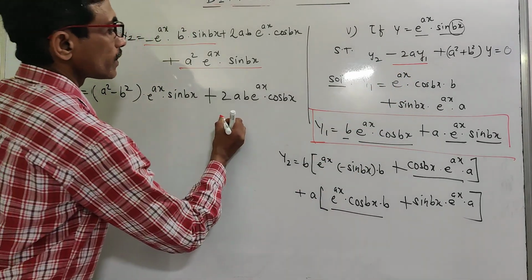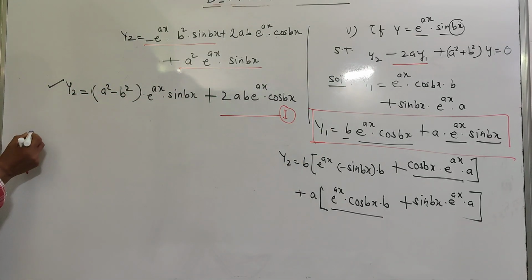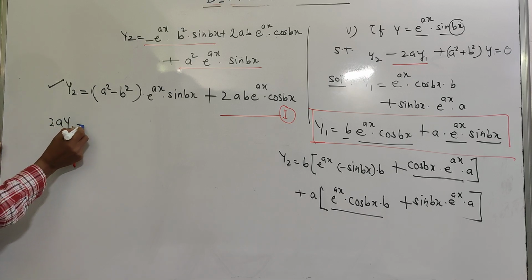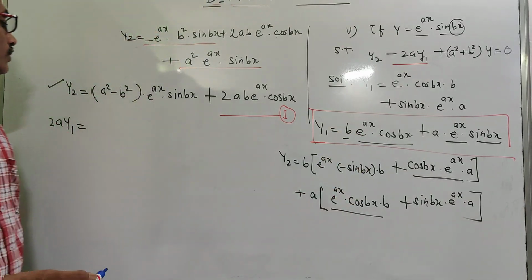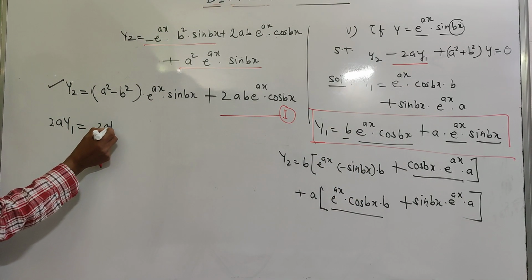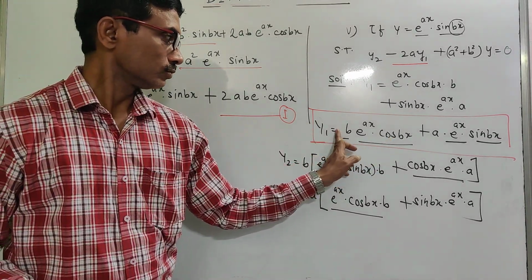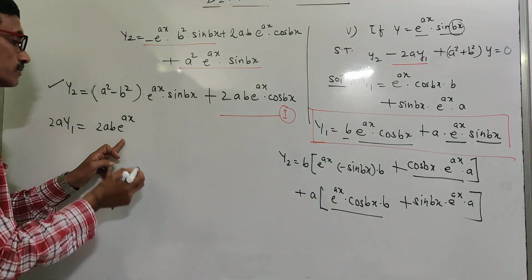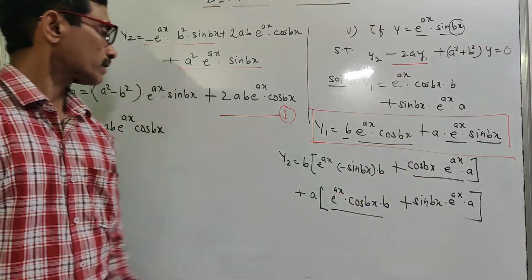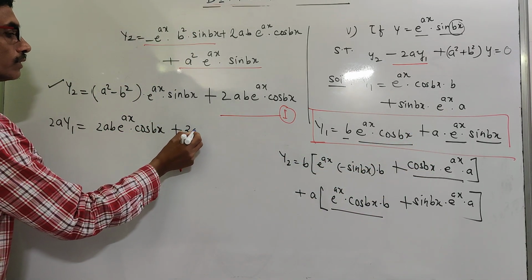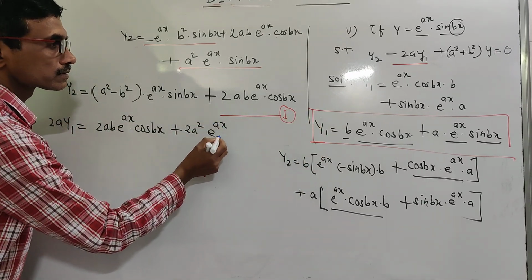So let's denote this by 1, and this y1 we multiply by 2a, so 2a y1 will be, if we multiply it by 2a, then it is 2ab e raised to power ax, this is multiplied by 2a, so 2ab e raised to power ax cos bx, 2a square e raised to power ax sin bx.